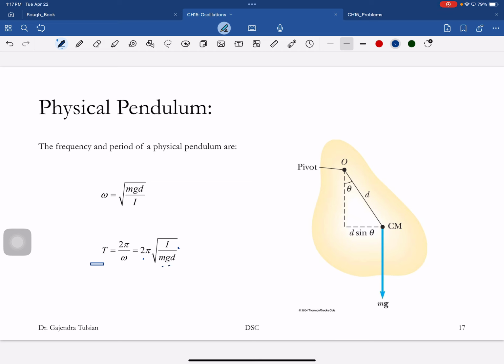Again, when will it not oscillate? When the pivot point is at the center of mass. d will be 0, and if d is 0, you get an infinite period. It's not oscillating.